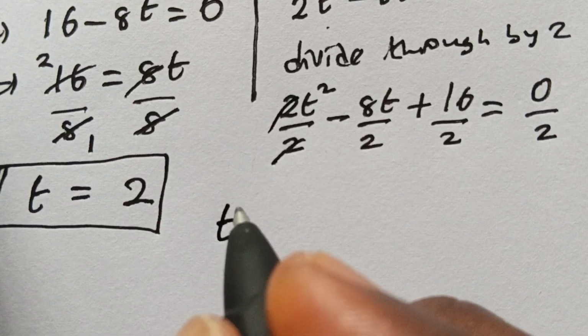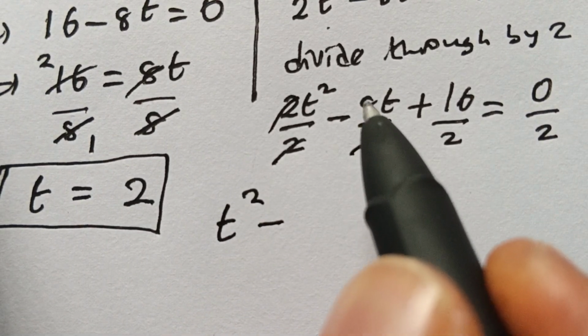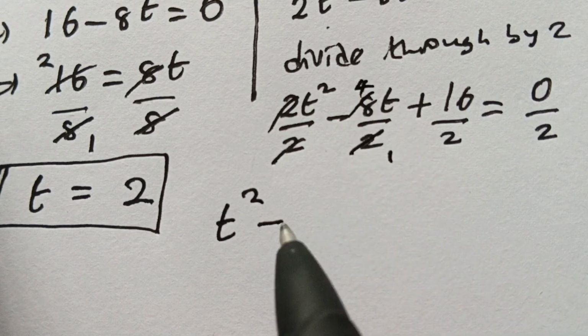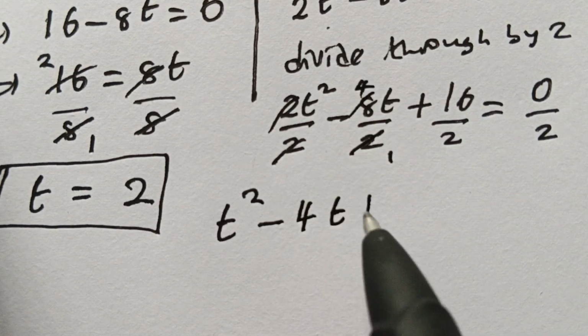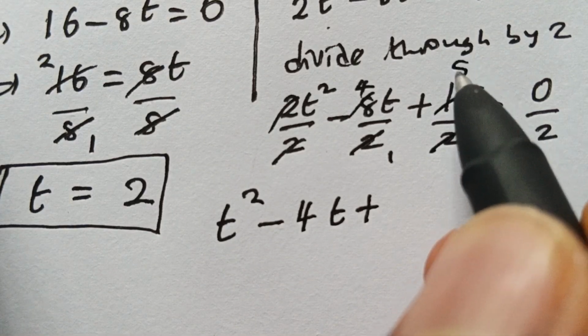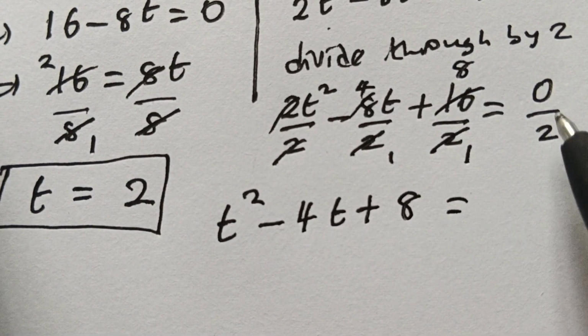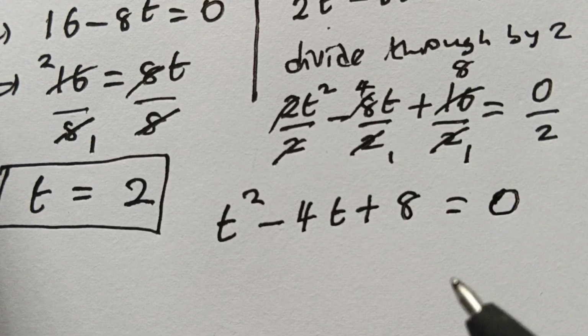We have t squared minus, 2 in 8, that is 4t, plus, 2 in 16, that is 8. We are left with 8 equal to 0 divided by 2, that is simply 0.